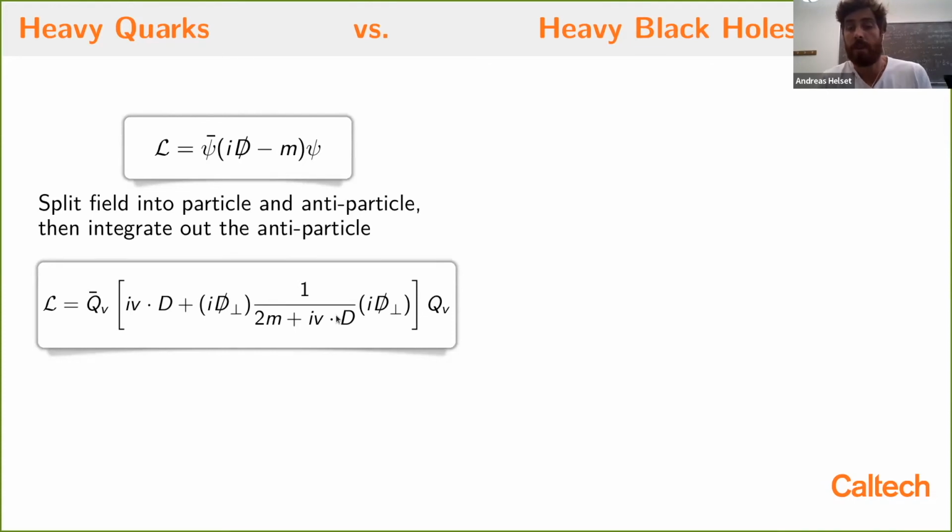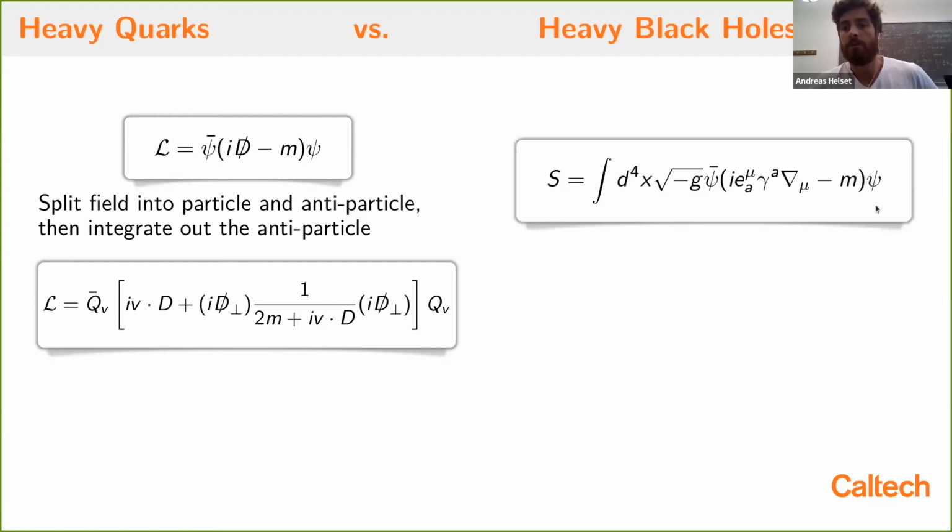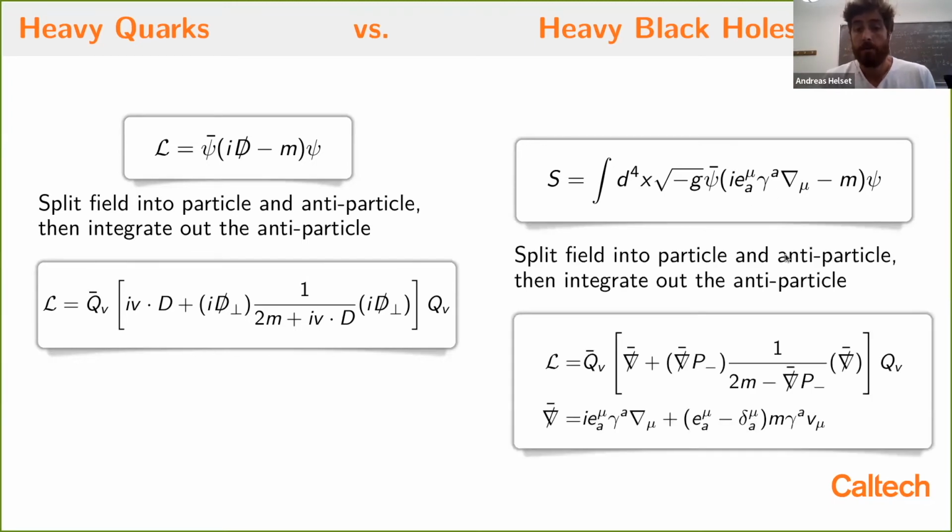Now, when it's a fermion coupled to gravity, you might say that should model a black hole, so you can call them heavy black holes. We start with minimally coupled fermions to gravity here, then integrate out the antiparticle, and we end up with this heavy black hole effective theory at the level of this Lagrangian. It takes almost the same format as the heavy quark, but with some subtle differences in their interactions.